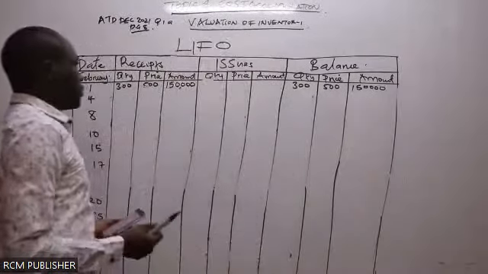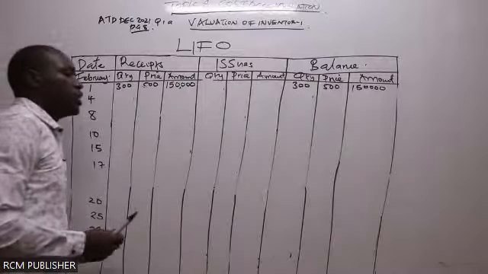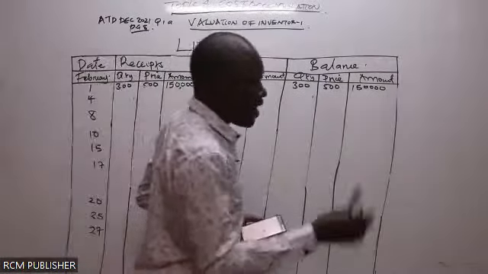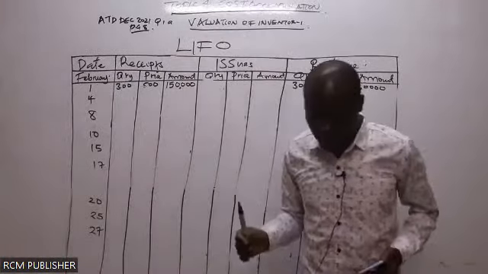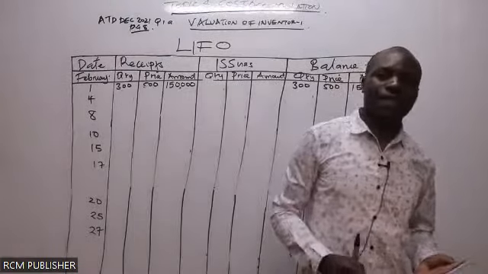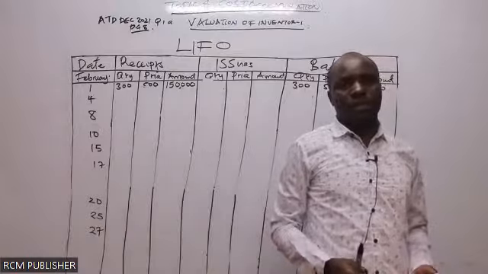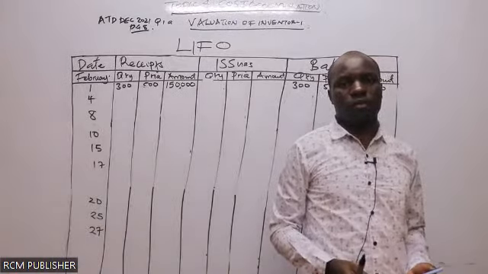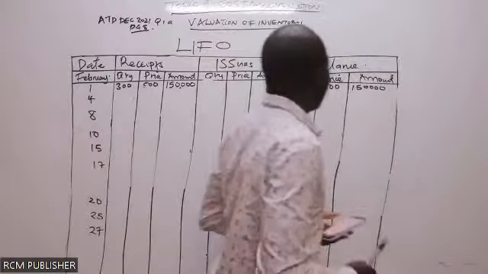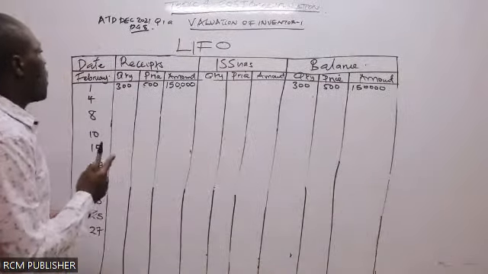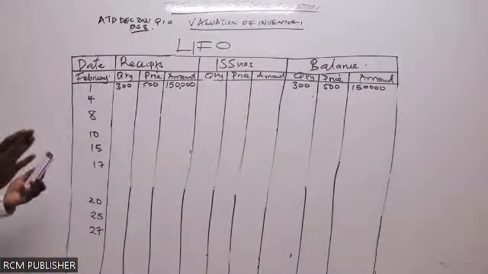Now, if we are going to apply LIFO, it is last in, first out. The ones that have been there in the store are not going to be touched first until we finish what was brought in last. Now, if you look at what I have here, my opening stock has not changed.